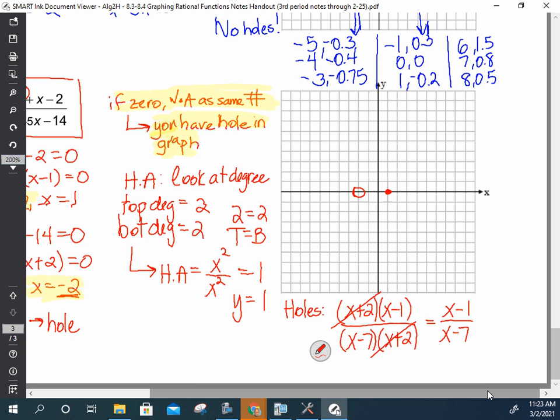So take whatever canceled out. x plus 2 equal to 0. And then take the number and plug it in. -3 over -9 is 1/3.